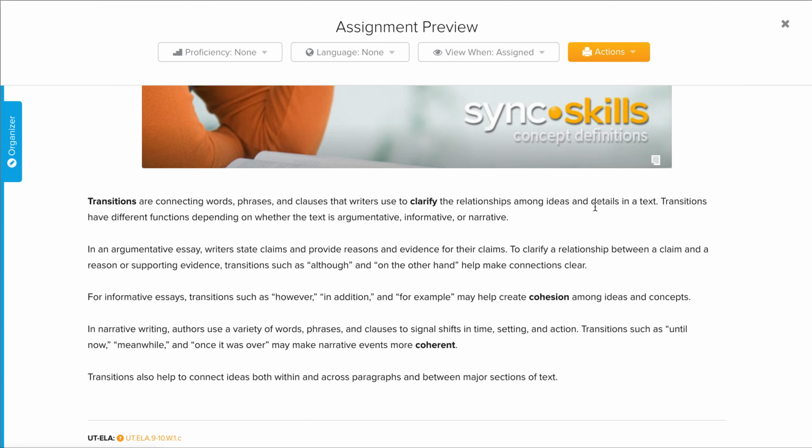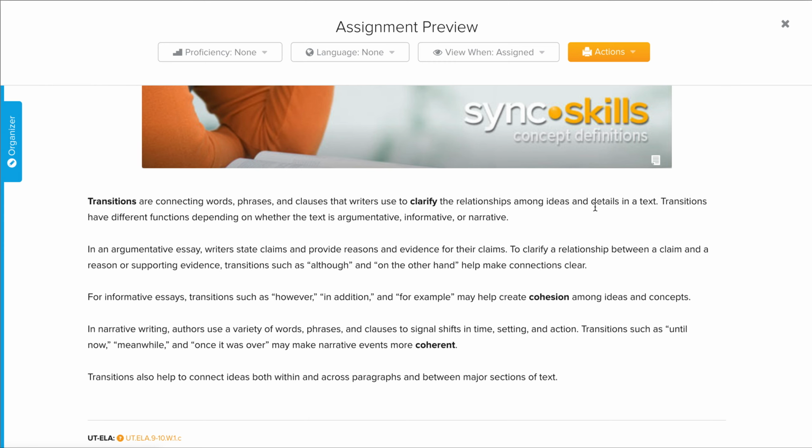And I'm going to stop there for a second. I don't want you to think that you are only limited to using although and on the other hand because this is an argumentative essay. You can certainly use any of the transitions that are mentioned in the informative essay as well. However, in addition, for example, there's also yet. There are a lot of different transition words, and you can use whatever you feel is the best fit.